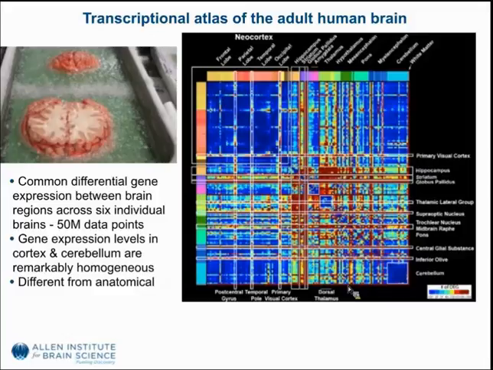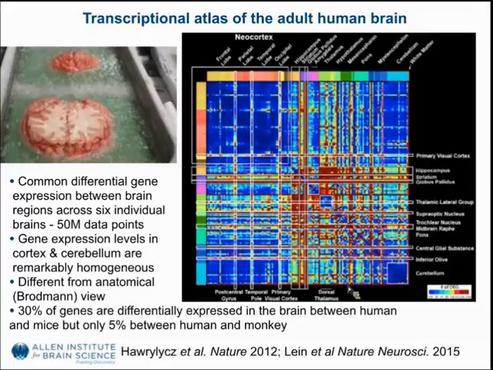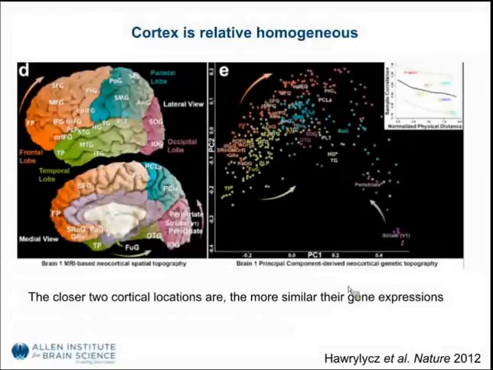Of course, there are differences across the cortex, but very interestingly, if you just focus on cortex, and I computationally take the tissue and unroll it, and now I ask, what's the difference in gene expression? It is much smaller than between cortex and other parts of the brain, but there are differences across cortex. And if I take two parts of cortex and ask how different are the genes, it turns out 50% of that can be explained by the distance between them.